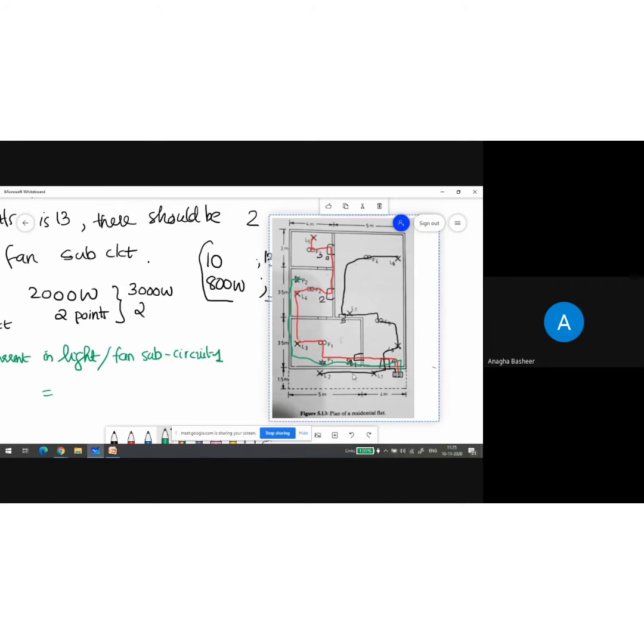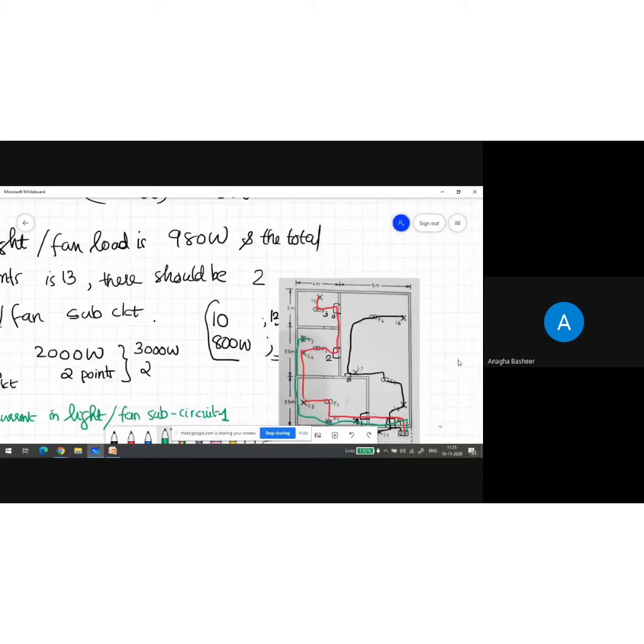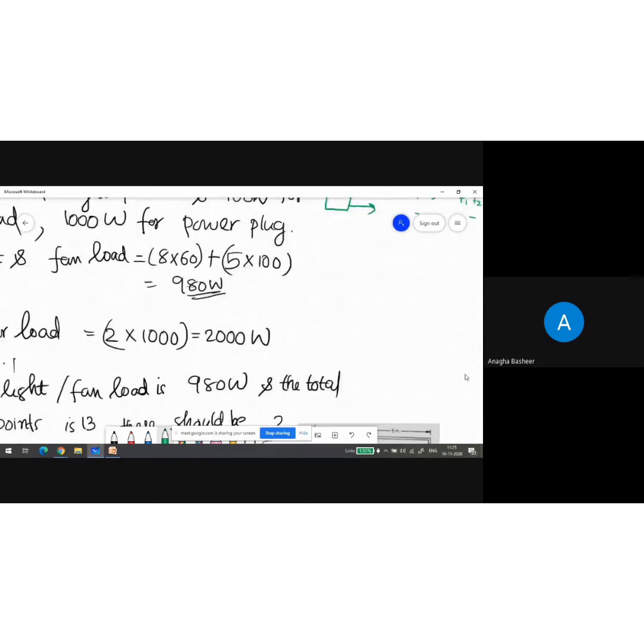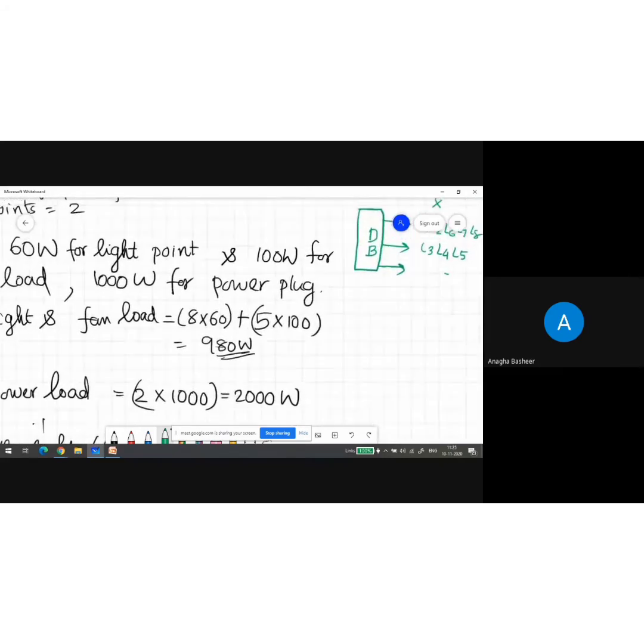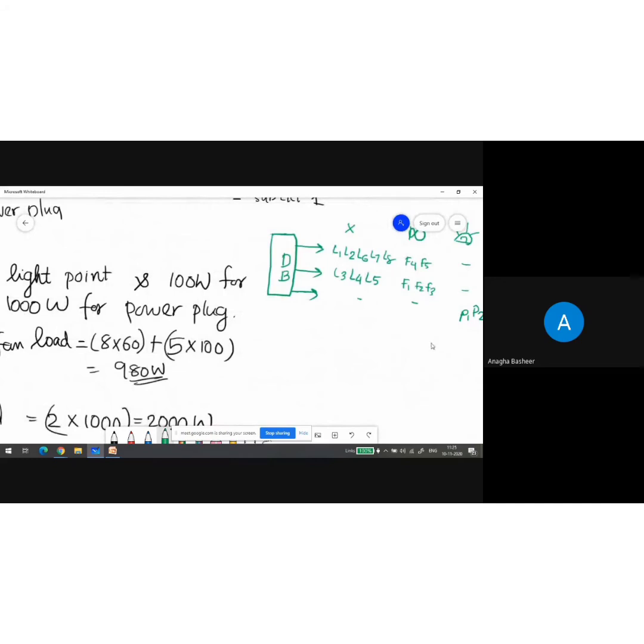L2, L1, and L6, L7 and L8. So how many lights are there? That thing we can make as a table, then it is very easy.